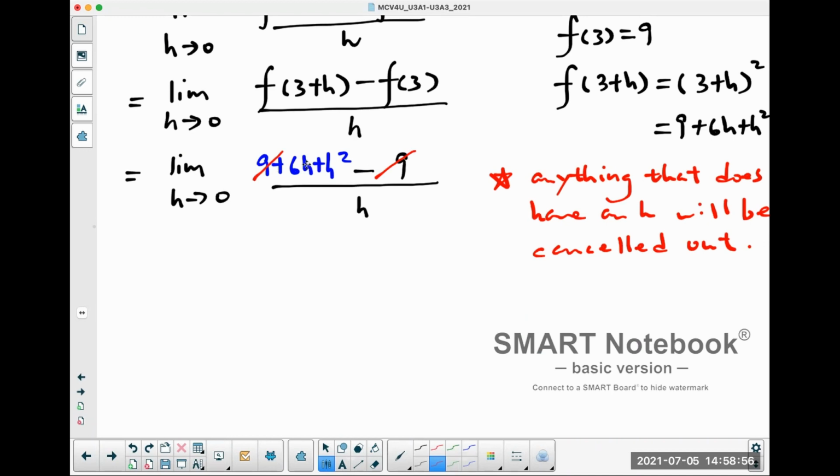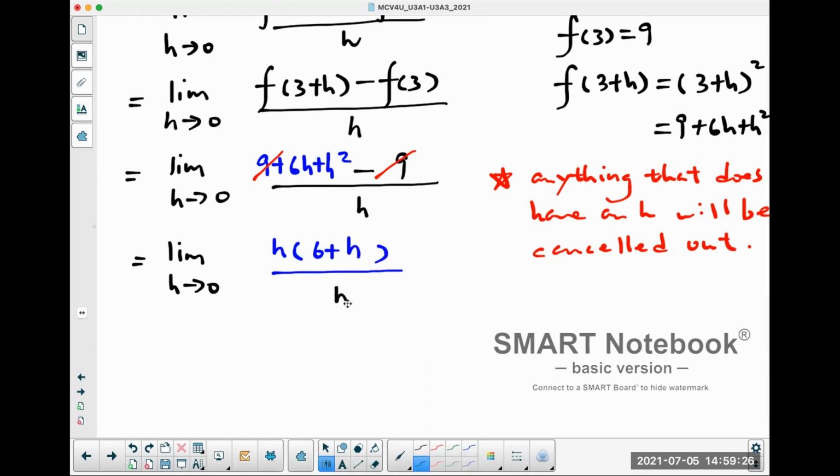If it didn't cancel out, you probably made a mistake somewhere. It's very important that everything that does not contain the letter h will cancel out, because the next step is you're going to factor out a letter h from what's remaining. So here I factor out the h, and I'm going to get 6 plus h. See, 6 plus h, because I factor out a common factor of h.